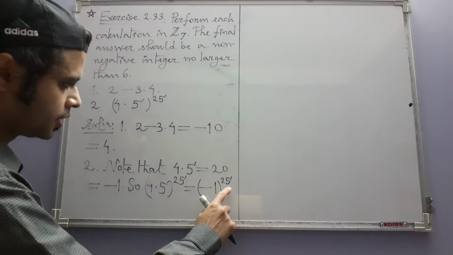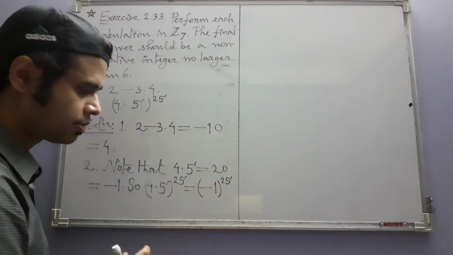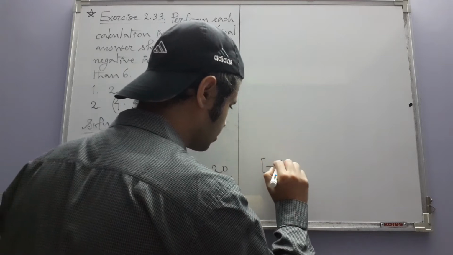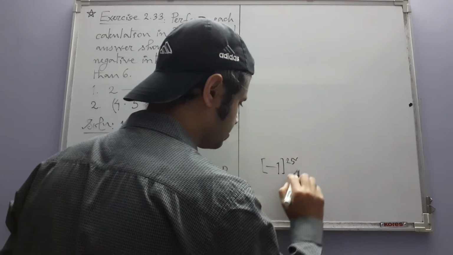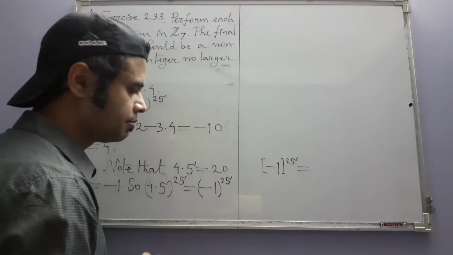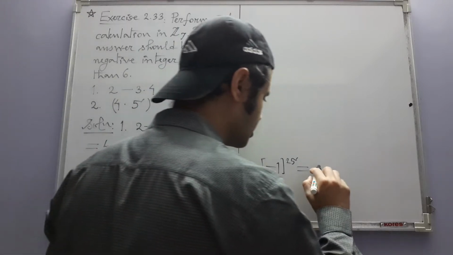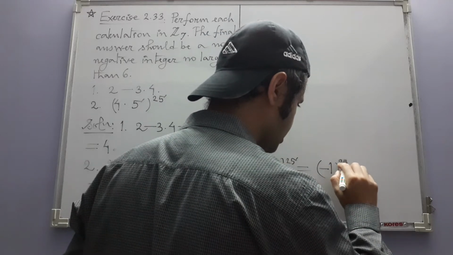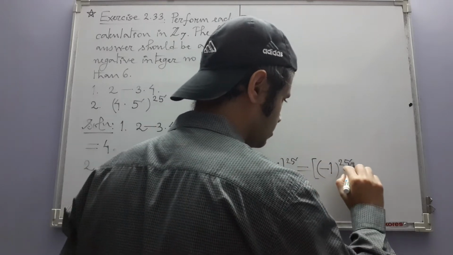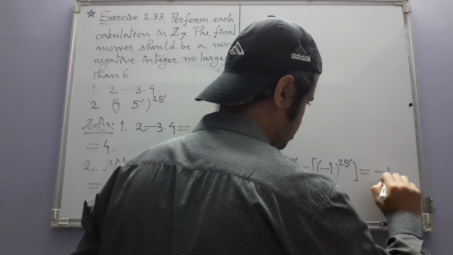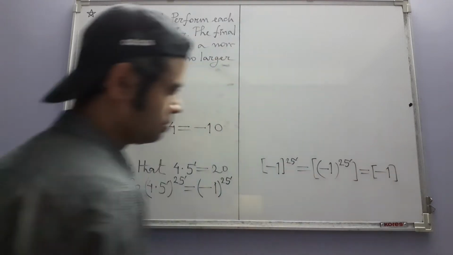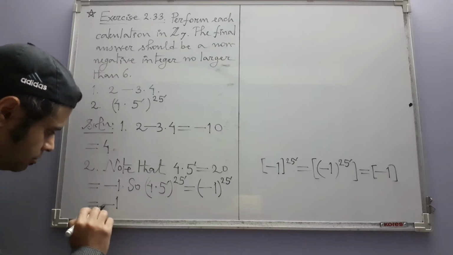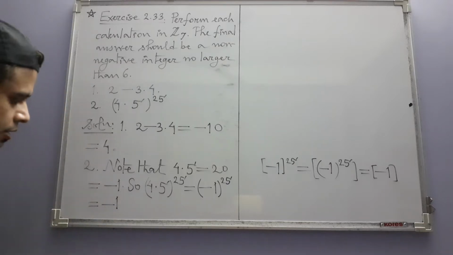So here the 25th power of minus 1 means the 25th power of the congruence class containing minus 1, and by the definition of multiplication mod 7, it's just this, which is this. So we simply write minus 1.